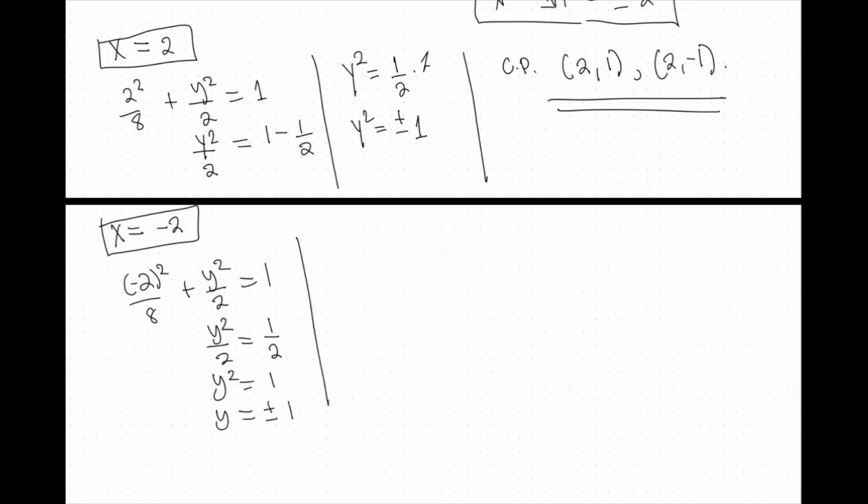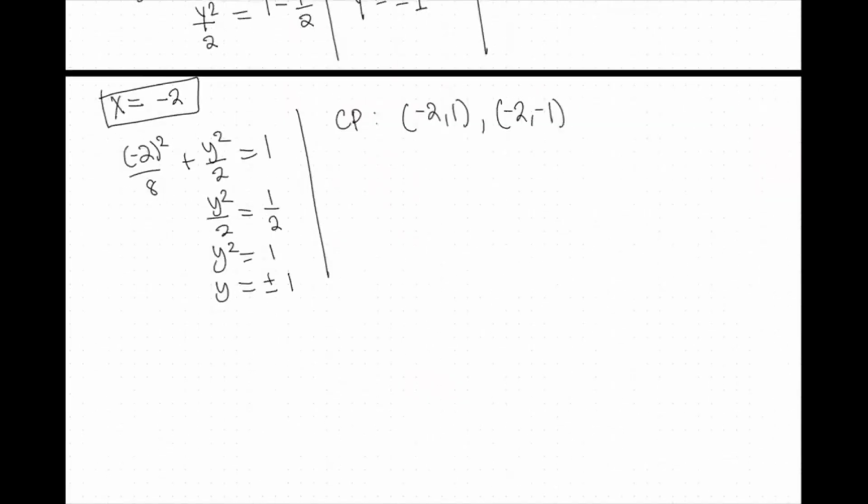So in this case, we get critical points negative 2, 1, and negative 2, negative 1. All right, we are now ready to inspect what happens at those critical points. So let us list them down.